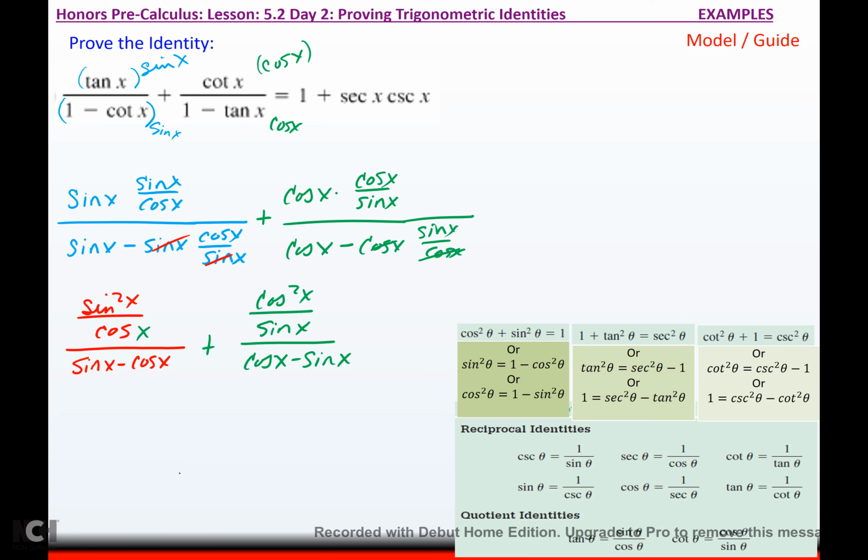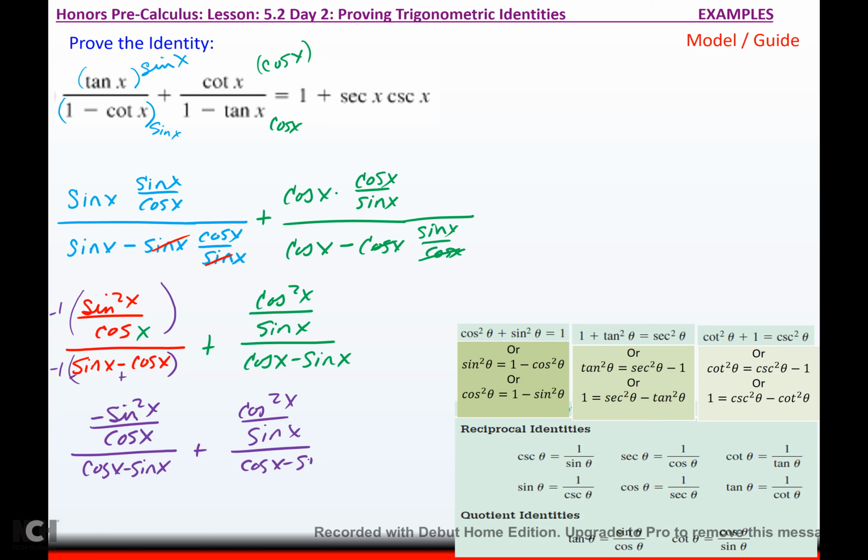Alright, and if I factor out a -1 on top and bottom, that's going to give me negative sine squared x over cosine x over, this will make this negative and this positive, which will make it cosine x minus sine x plus cosine squared x over sine x over cosine x minus sine x.